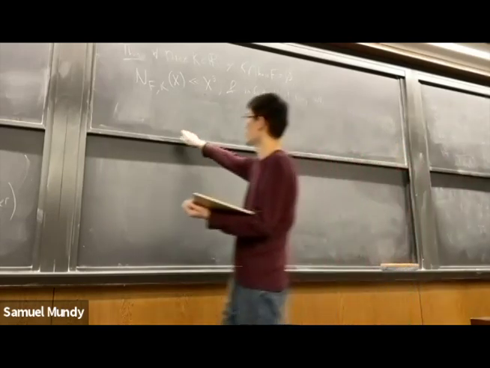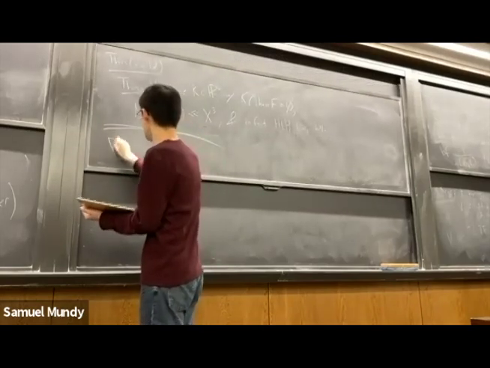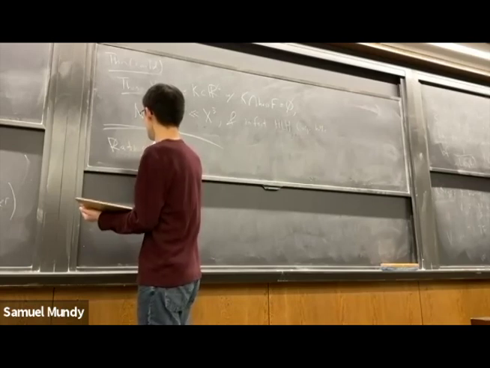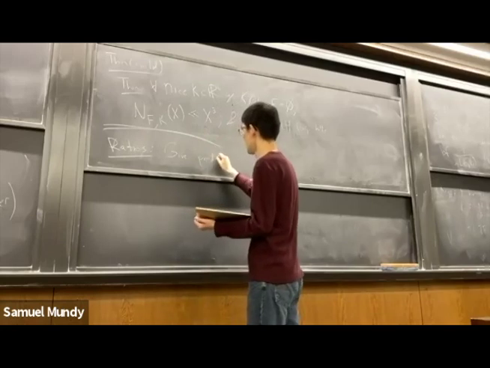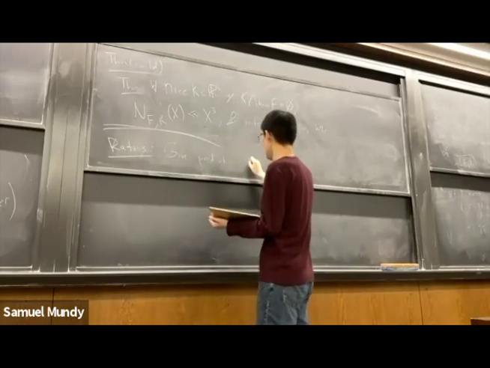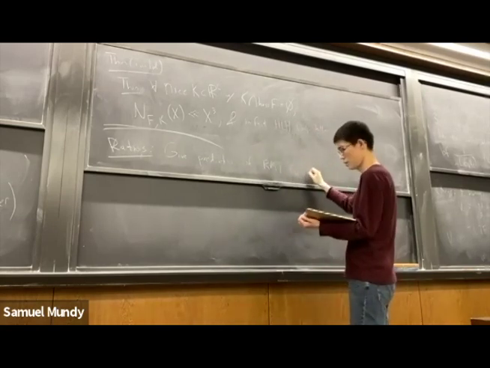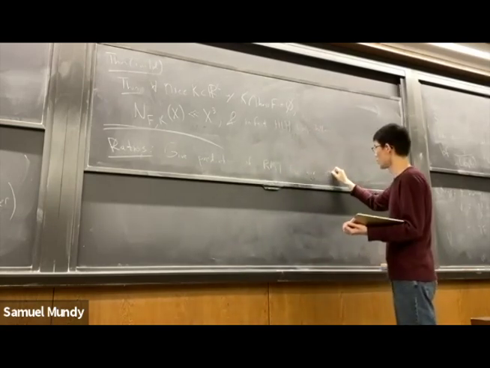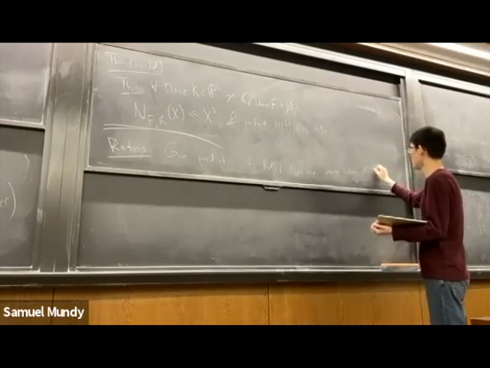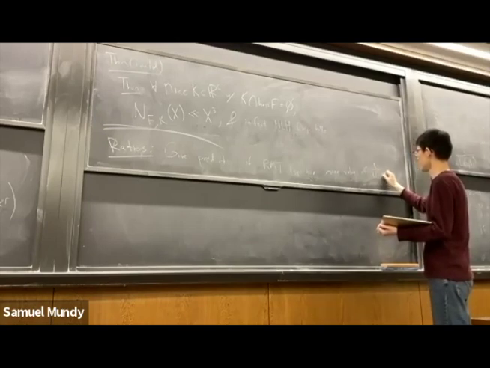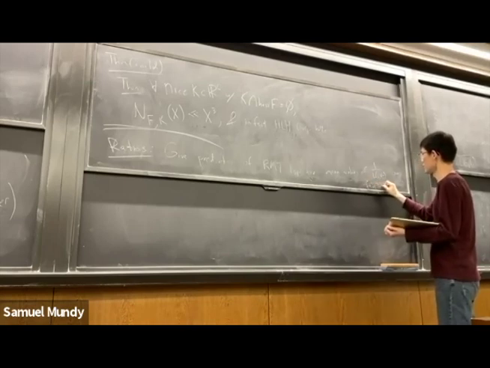So let me say what the main thing to explain is: what the ratios conjectures are. What they do is they give you predictions of random matrix theory type for mean values over L-functions over family subsets.